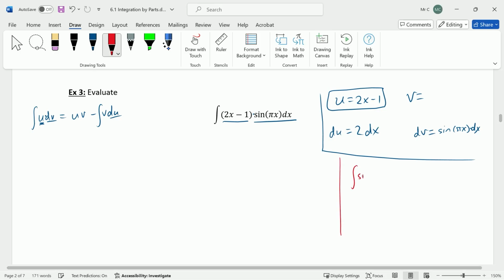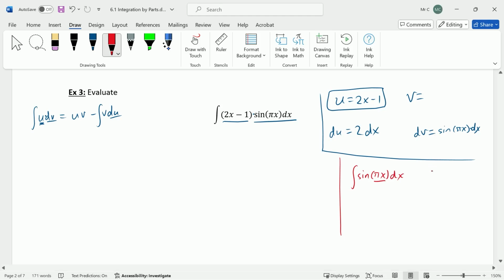So I need the antiderivative of sine of pi x dx. And so I have to do a substitution here, because this isn't just sine of x, it's sine of a constant times x. So I'll let w be pi x, so dw is pi dx. So dw over pi is dx.